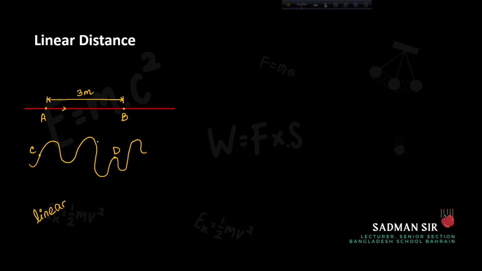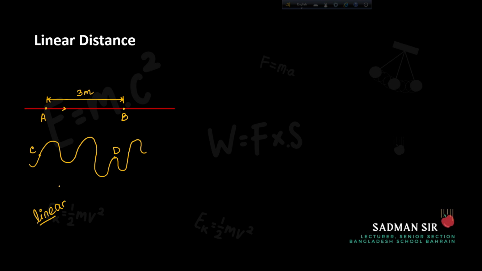How long is this road from C to D? We can measure it, and then we can say that that is the linear distance covered by that car. So line does not necessarily mean straight line always, it can be curved line also. It just has to be a line, then it will be linear distance.